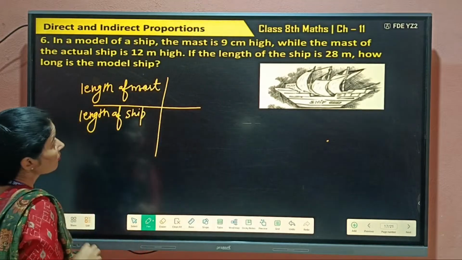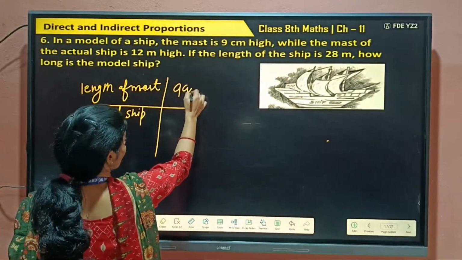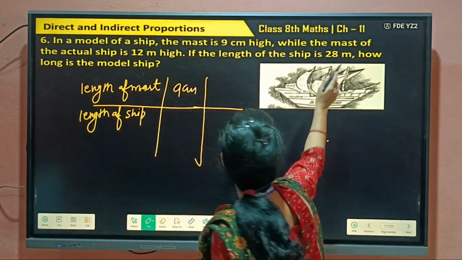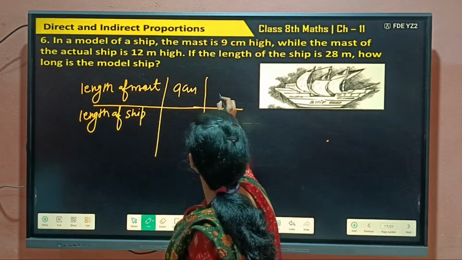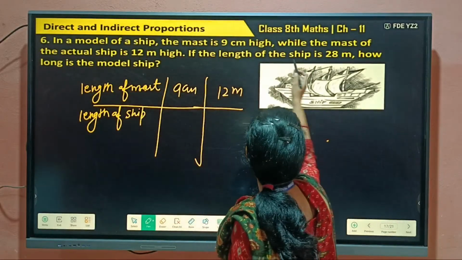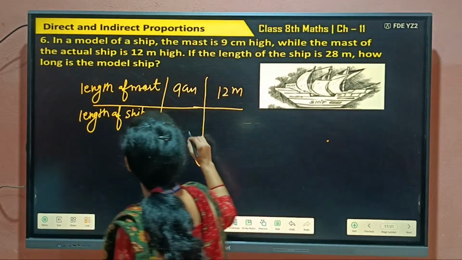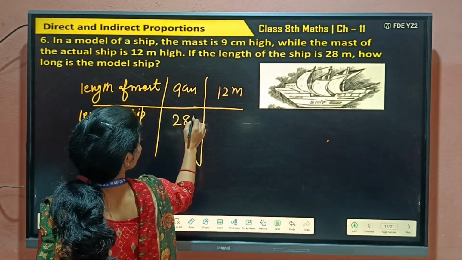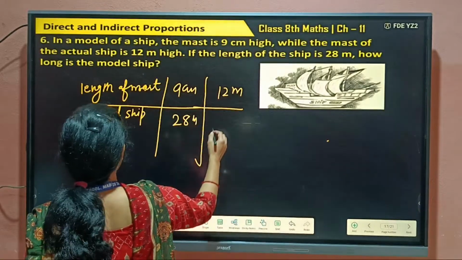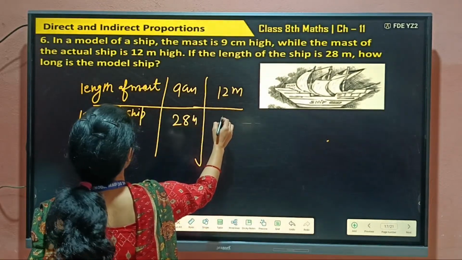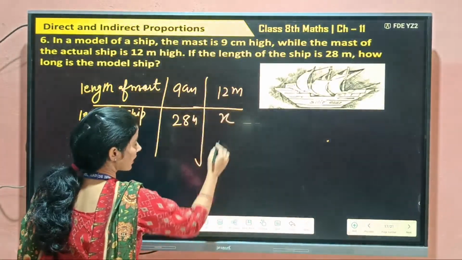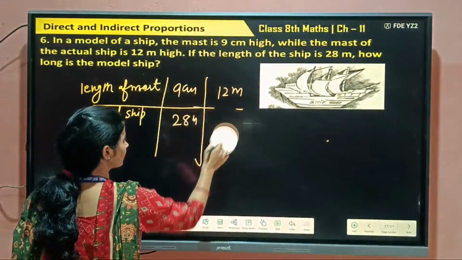What is length of mast? It is 9 centimeter for model ship, and while the mast of the actual ship is 12 meter. And if the length of ship is 28 meter, how long is the model ship? We need to find out length of this model ship.